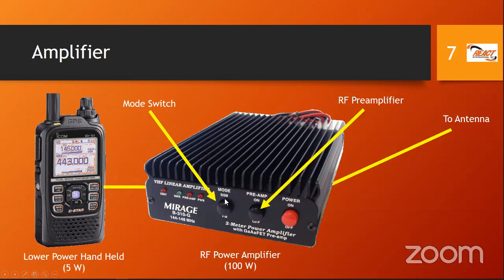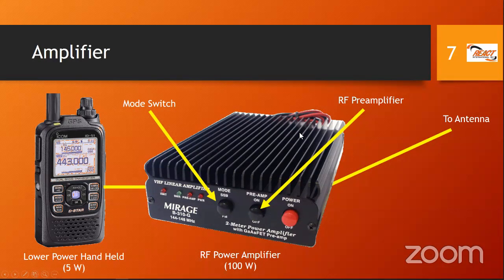We are not only restricted to FM in this frequency band, we can do SSB. So we need to tell the amplifier, hey, it's an SSB or single sideband transmission that is coming, so that the amplifier will know to key and hold, because that is how SSB transmissions are, very intermittent. So a mode switch allows the switching from SSB to FM.